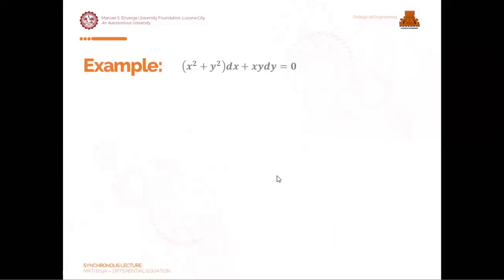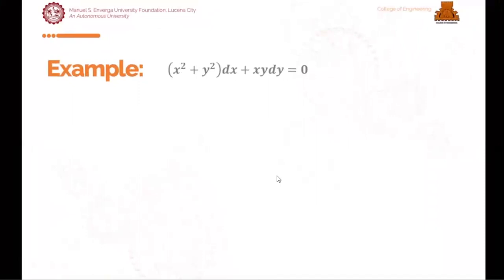So, to better understand this, we try to solve an example. Okay? So, let's try first yung first example natin, x squared plus y squared dx plus xy dy. Okay? So, again, first thing na pwede natin gawin in solving differential equations by inspection is to properly group yung mga terms natin. Okay? So, let's try to distribute yung first term natin.